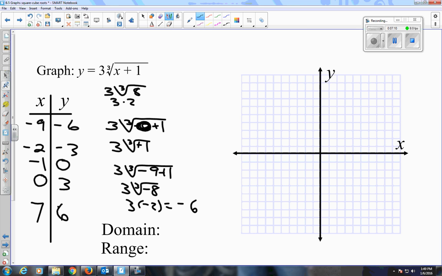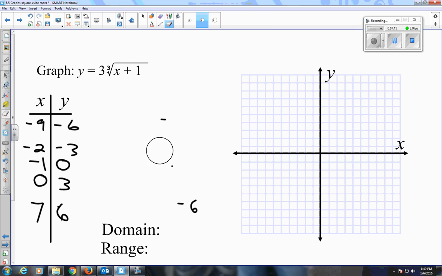I'm going to erase my scratch mark here. Let's plot our points. I've got the point negative 1, 0. It didn't move right, it moved left, didn't it? I lied to you.